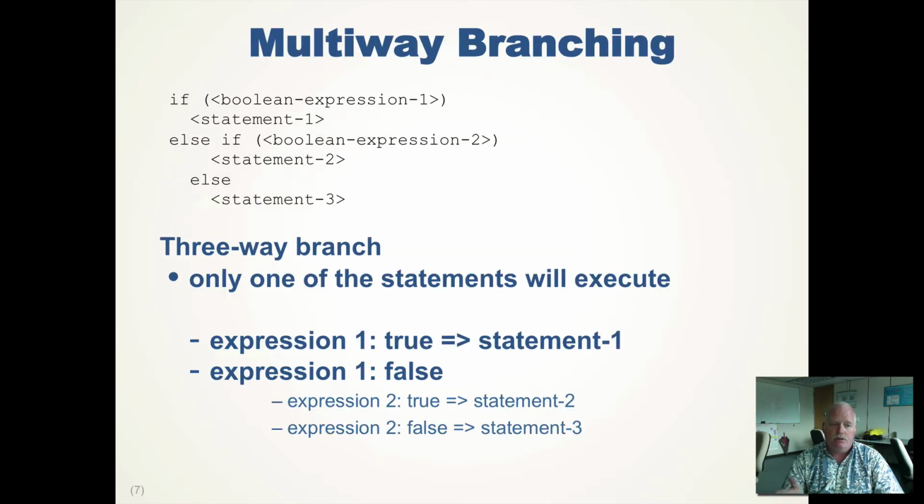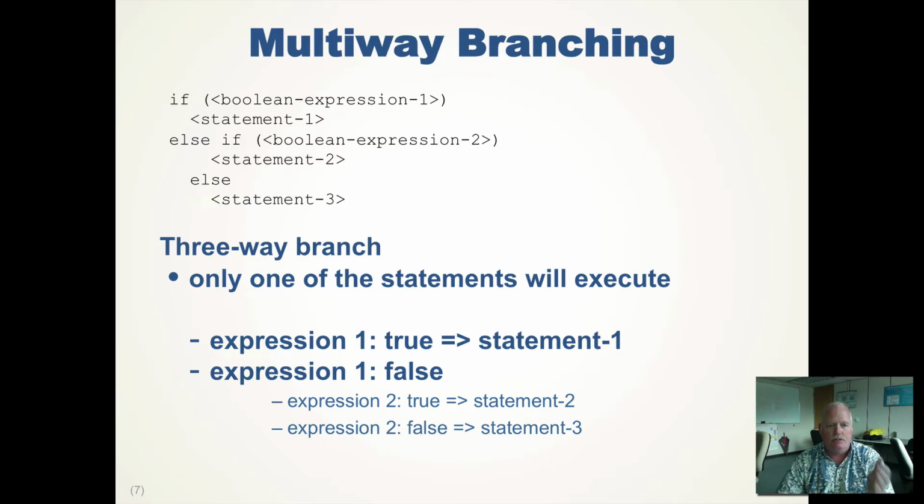Multi-way branching is how we can say if more than one thing, so we can actually do three statements with multiple different Boolean expressions to divide up the way we do it. So only one of the statements will be executed in this if else statement.